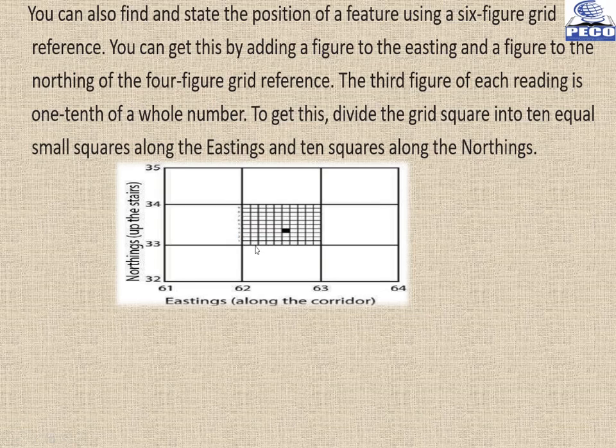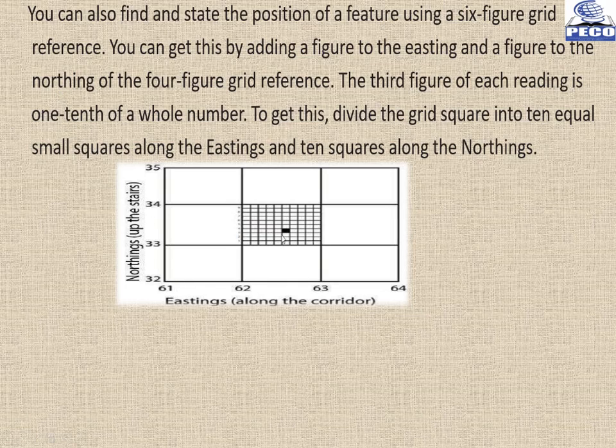So we have 1, 2, 3, 4, 5, 6, 7, 8, 9. Then this will be 10, from 0 to 10. Then northwards we have 0, and then we count up to 10. So these small squares or these small lines will help us to identify the 3rd easting and the 3rd northing.